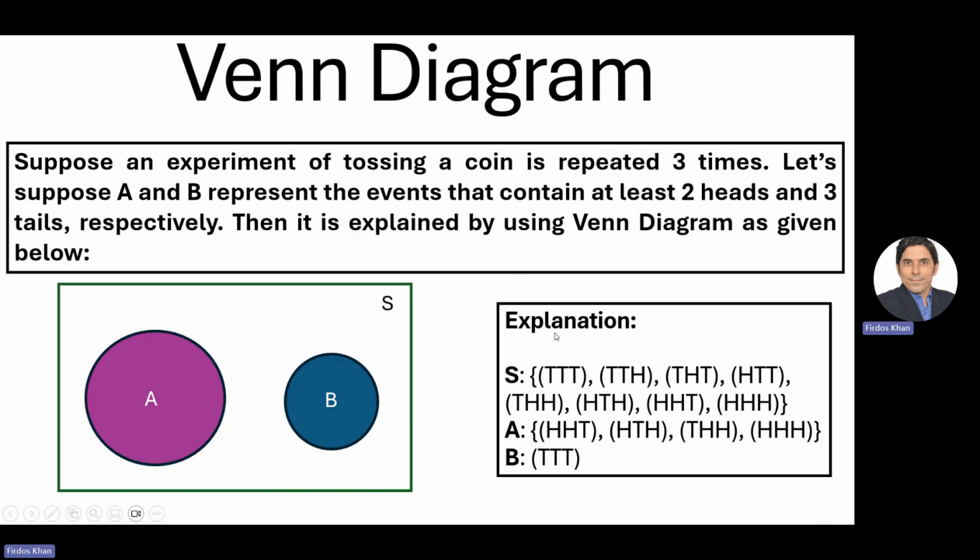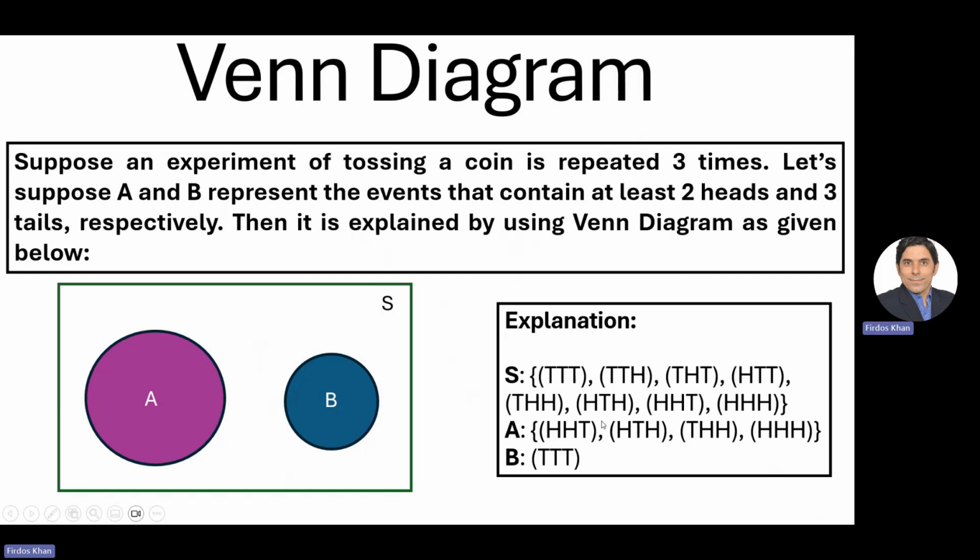And now let's see how we can express this in the Venn diagram. The sample space is represented by S, and that is a rectangle, and then event A, which has these four outcomes from this experiment, is represented by this circle, and that is labeled A. Event B is represented by this circle and labeled as B, which has three tails from this experiment.